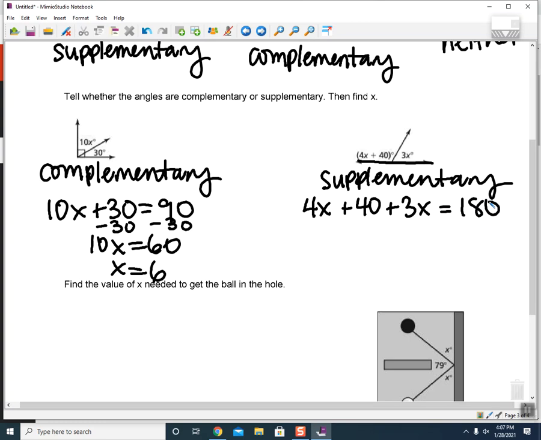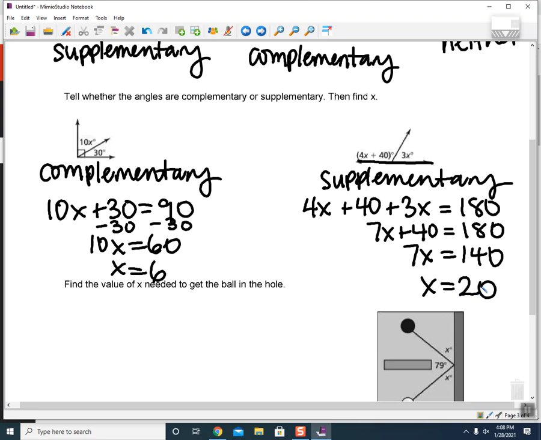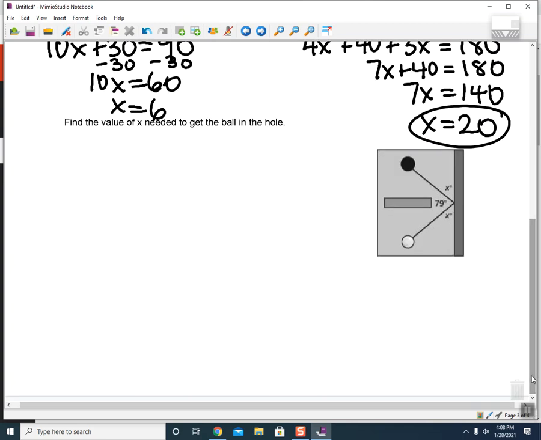So I'm going to combine what I can combine. It means I'm going to have 7x plus 40 over here equals 180. Subtract 40 from both sides. 7x equals 140. Divide both sides by 7. X is going to equal 20. Okay?